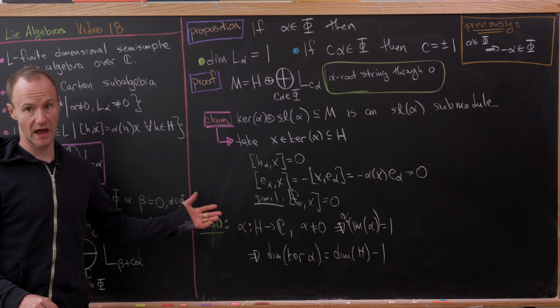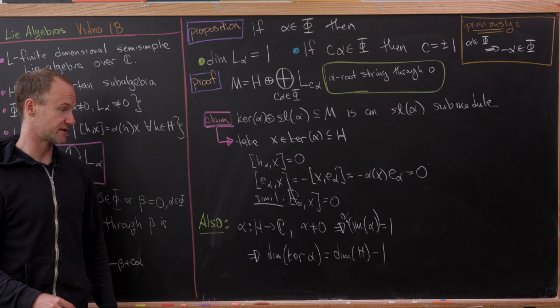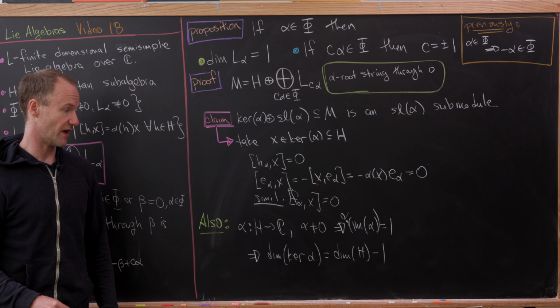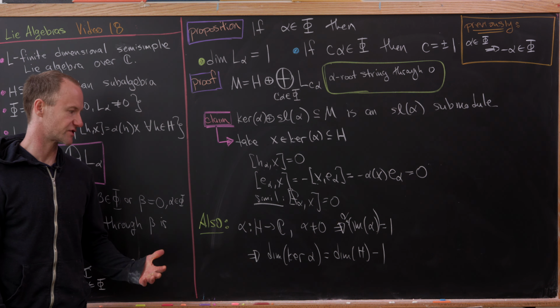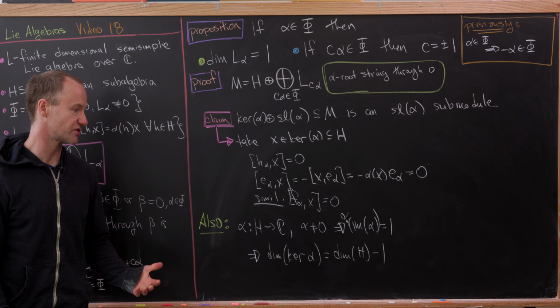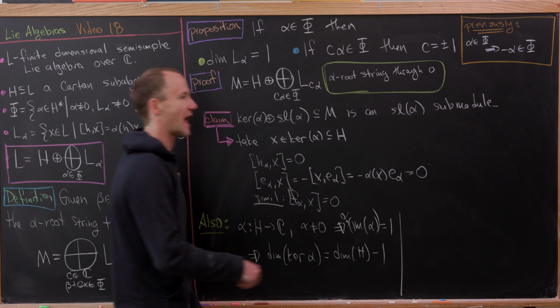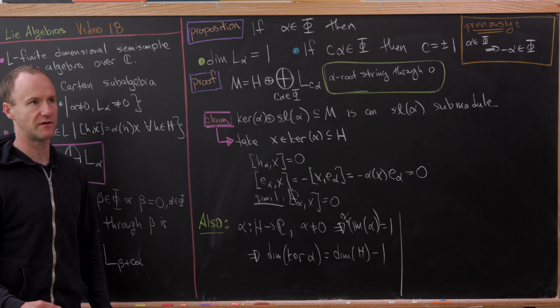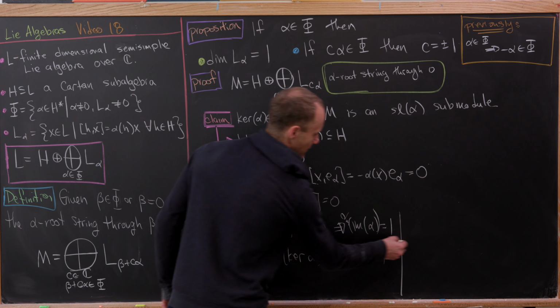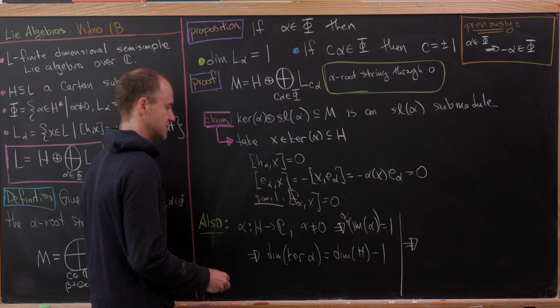So now we know that the dimension of the kernel is almost all of H. It's only missing one vector, and actually the vector that it's missing has got to be H alpha, because we know alpha acting on H alpha is 2, by the construction of the SL2 triple.